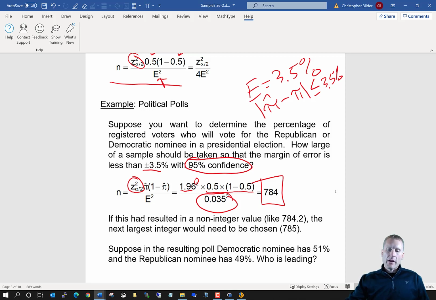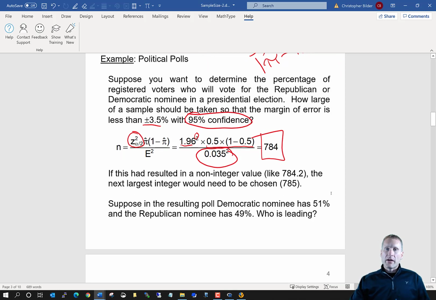Okay, so here's a very important question, and we often see this in the media whenever a political poll is taken and the results are displayed. We're often faced with actually interpreting what this means. Sometimes the people in the media get it right, sometimes unfortunately they don't.